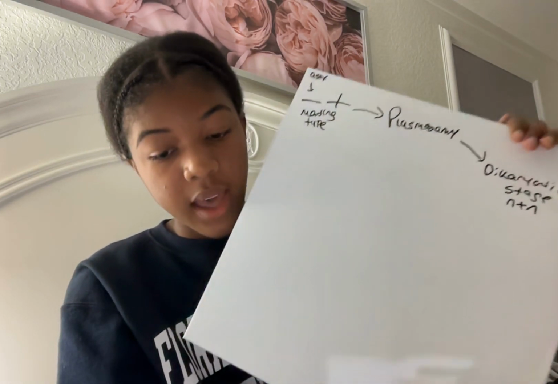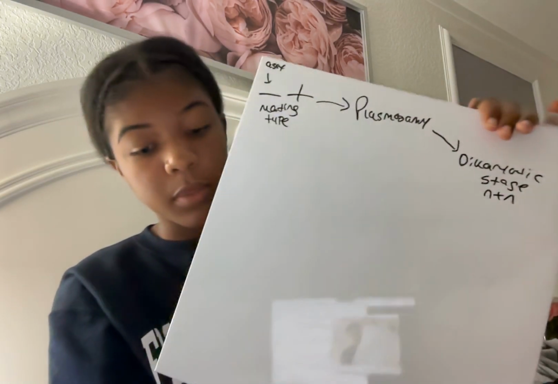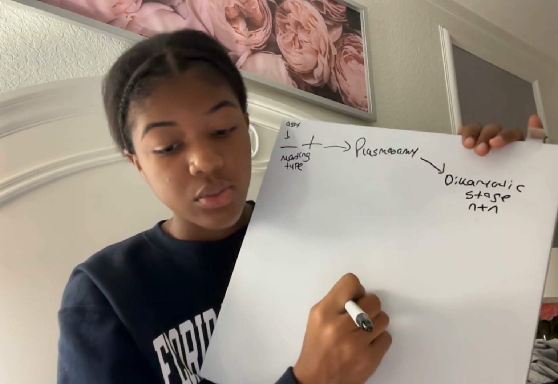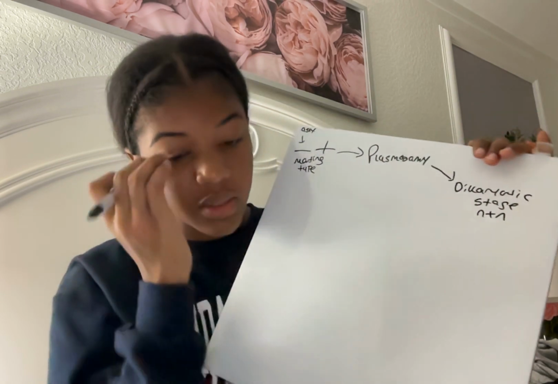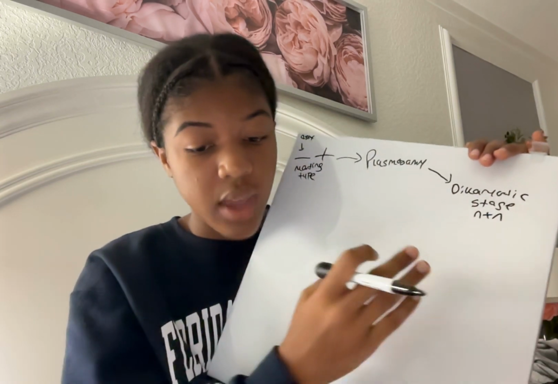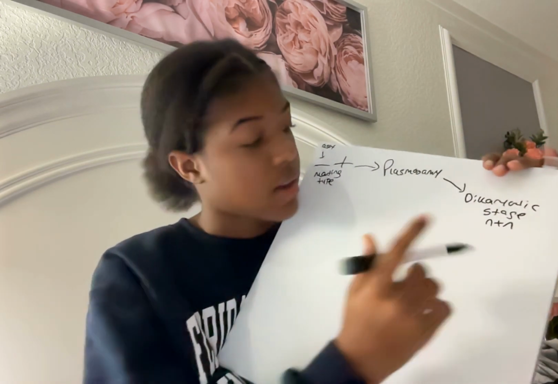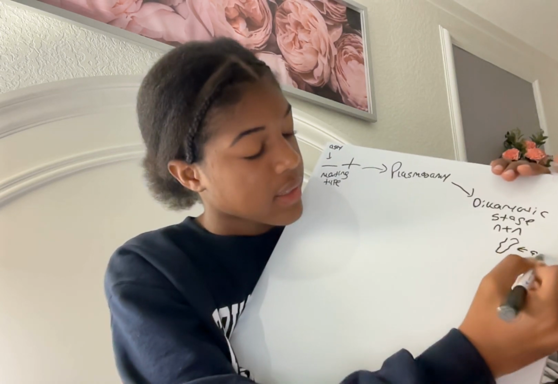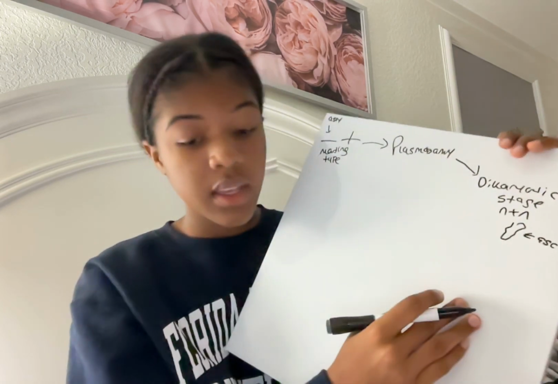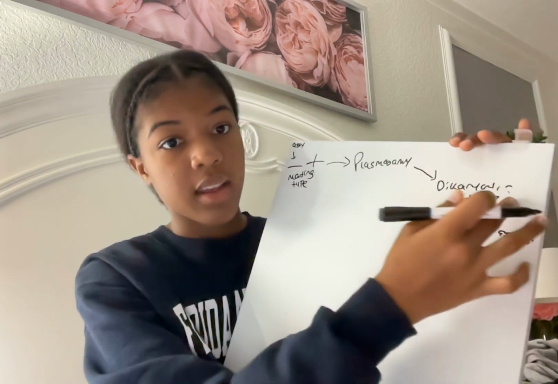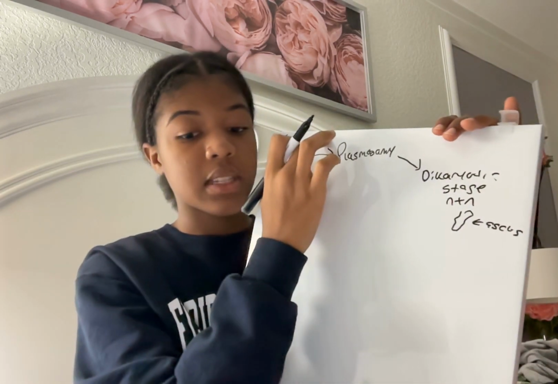The dikaryotic hyphae that result from plasmogamy produce mainly dikaryotic asci. So we have an ascus, which is dikaryotic, N plus N. We've moved on from haploid.